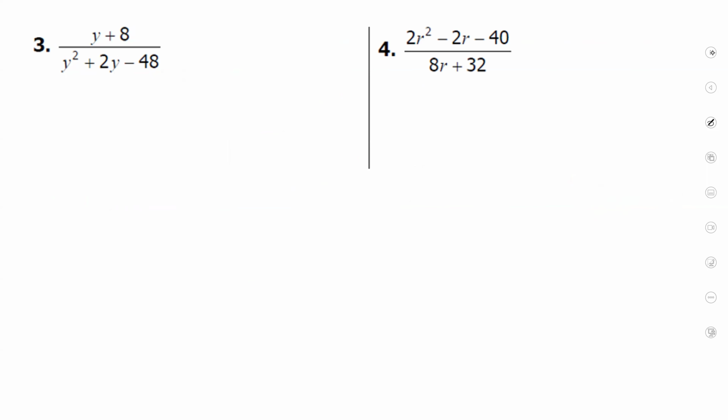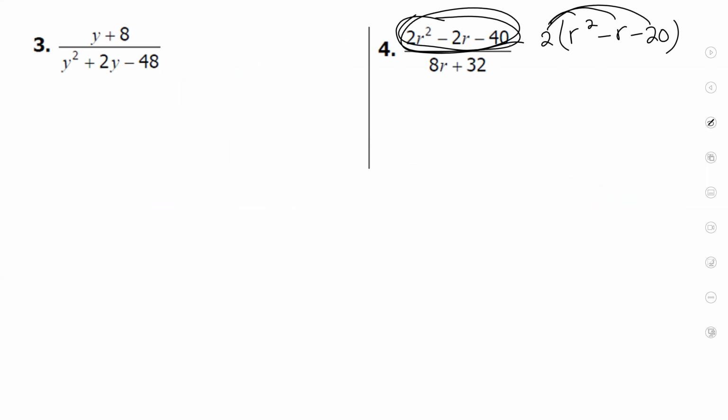So here's another example. I'm going to do number 4. Can all of these be divided by something? A 2. So 2 will be on the outside. Let's see what's left. R squared minus R minus 20. Because again, if you distributed this 2 in, you would get what we started out with. Okay, so let's go ahead and do an eye chart.